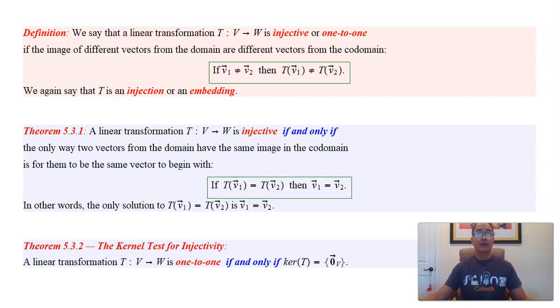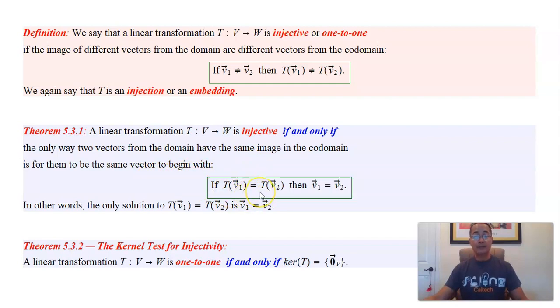So we can turn these inequalities into equations as usual by finding the contrapositive of this sentence. So, theorem, although it's really just a step up from the definition because it's just a contrapositive. A transformation is injective if and only if the only way two vectors from the domain have the same image in the codomain is for them to be the same vector to begin with.